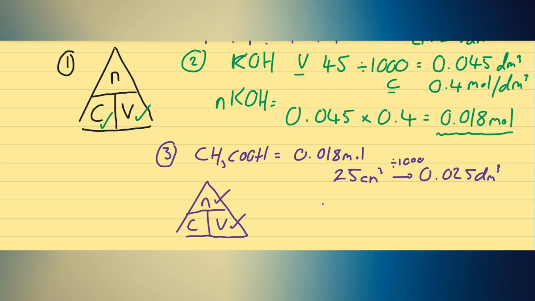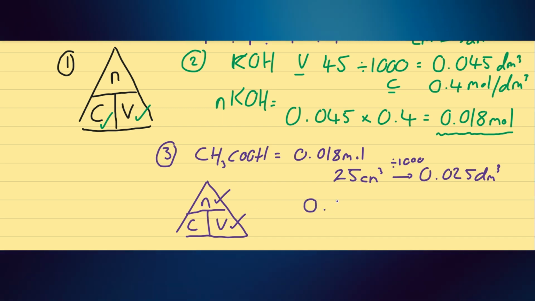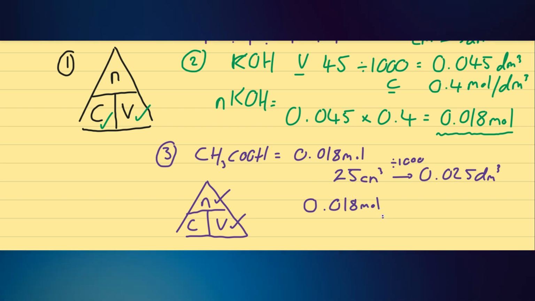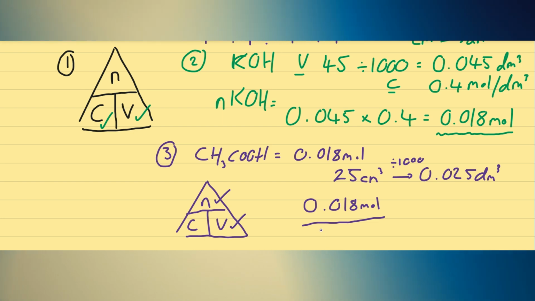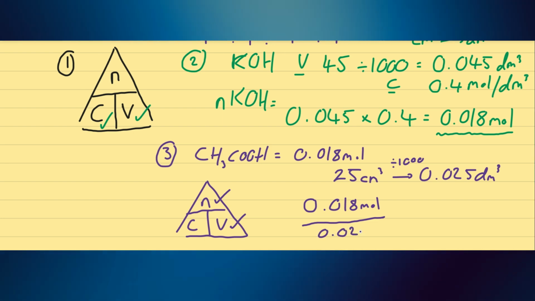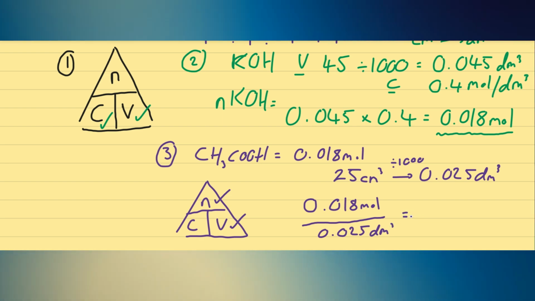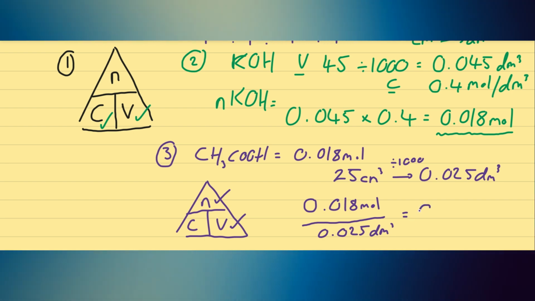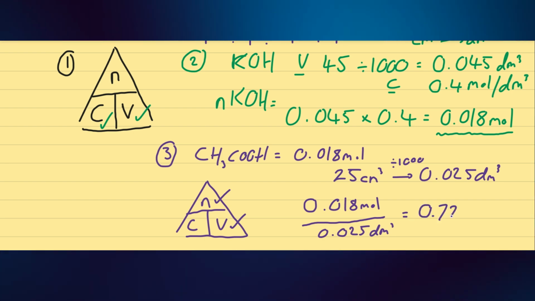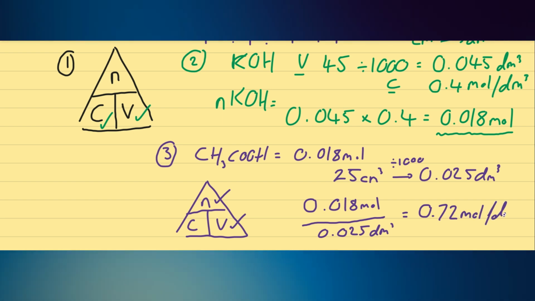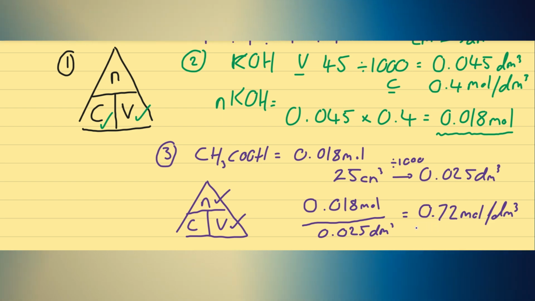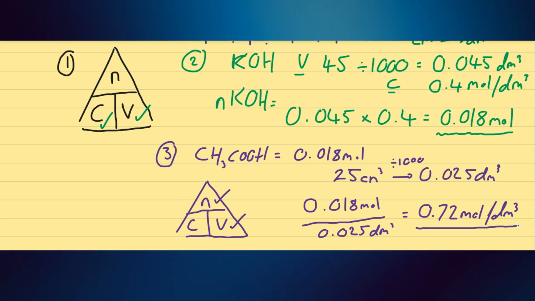So I'm going to do my number of moles, 0.018 moles, divided by 0.025 decimeters cubed. And that will give me my concentration. And if you put that into a calculator, you'll find that it is 0.72 moles per decimeters cubed. And that is my final answer to that question.